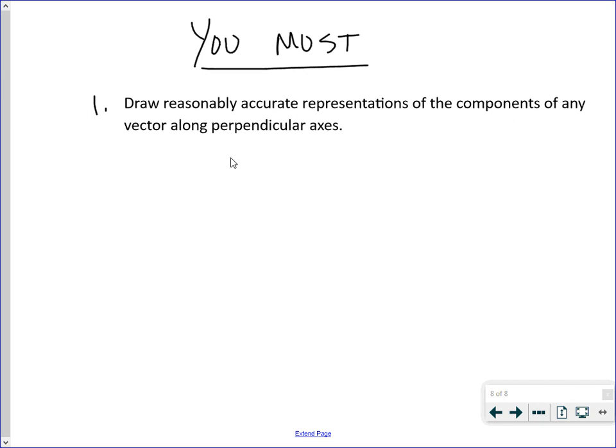Which is to say that if there's a vector that I show you like that, you need to be able to say, well, it's got a downward component about that long. It's got a horizontal component about that long. Those are reasonably accurate.